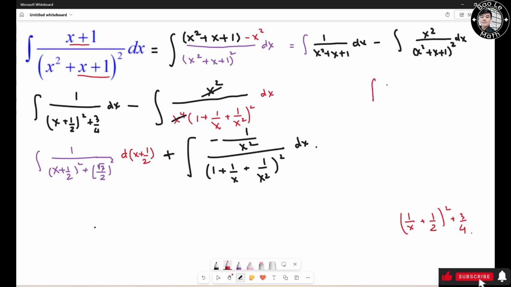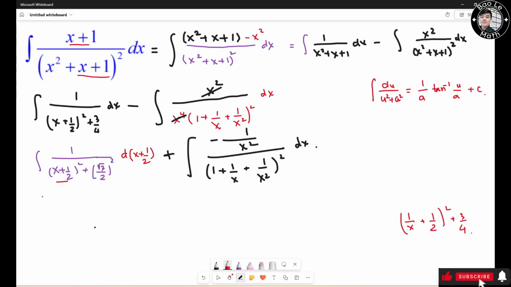For the first one, I can apply the formula: the integral of du over (u² + a²) equals 1/a times arctangent of u/a, plus c. In this situation u is s + 1/2 and a is √3/2.